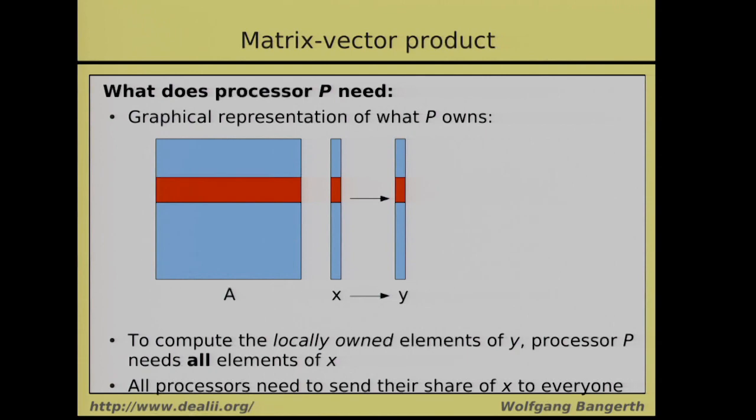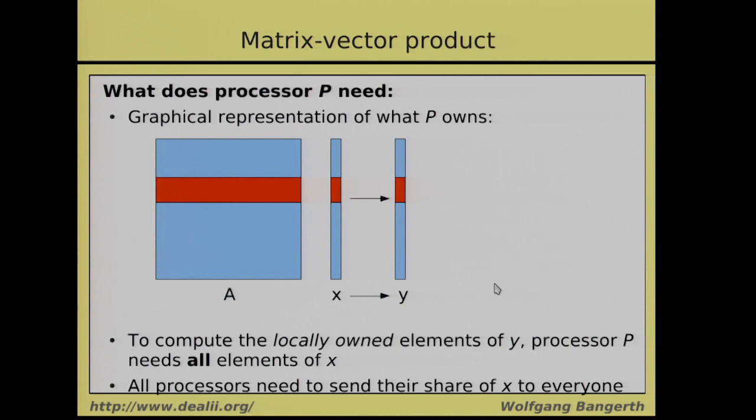So what does it need to know to do this? Well, you remember that a matrix vector product is essentially you take the product of the first row times the entire vector. Well, we don't have to compute this on this particular processor because we're not interested in this particular element. But we have to do this for every row in this red band here. So if you want to form the dot product between this first row in the red band and the whole vector, then you would have to know the entire vector, right?